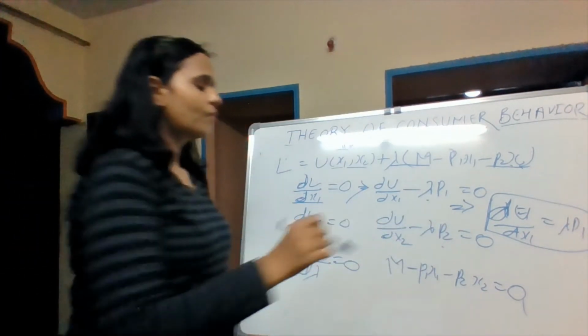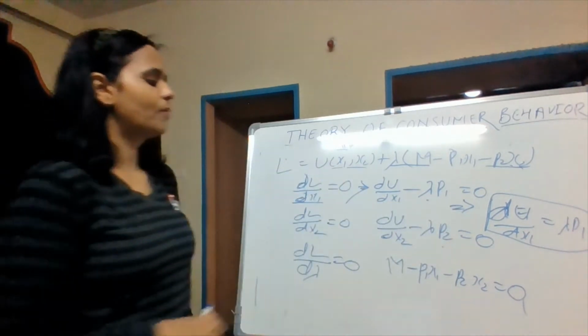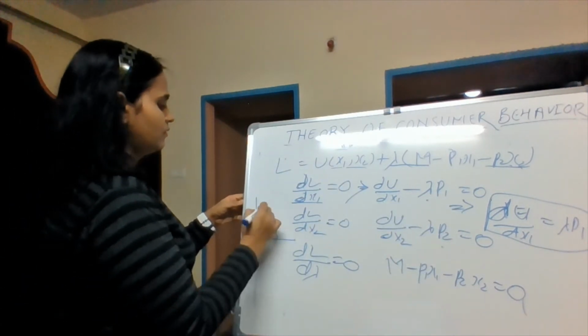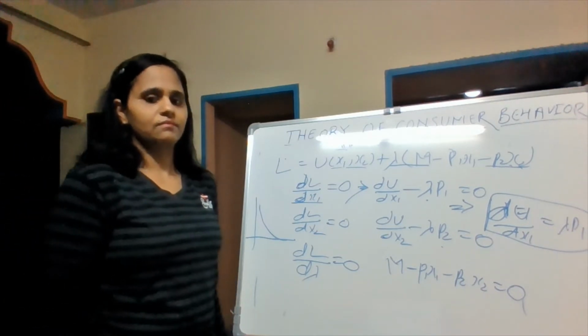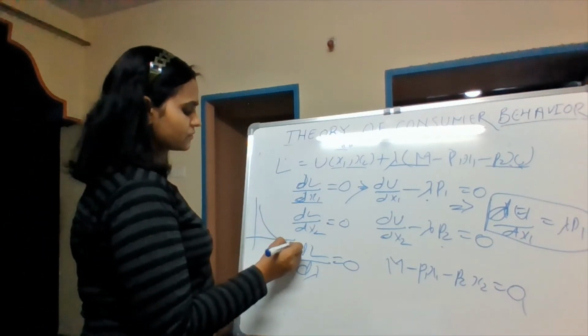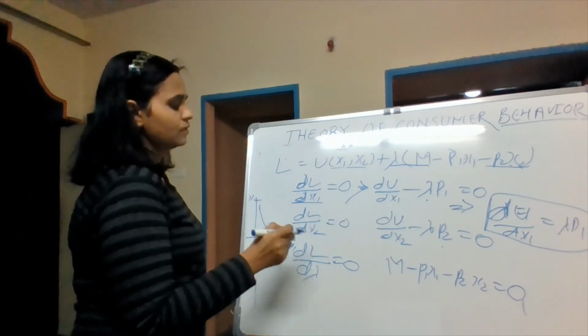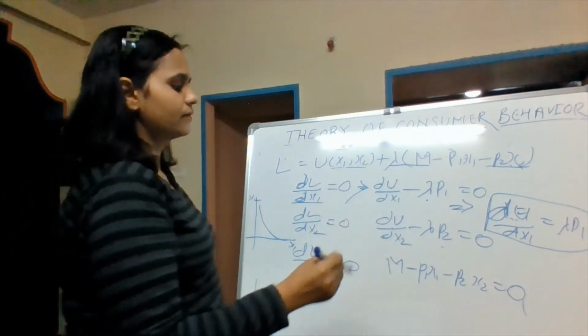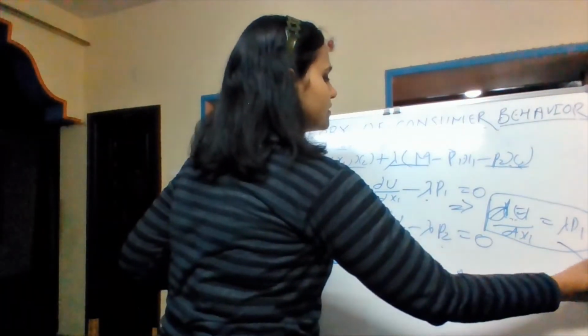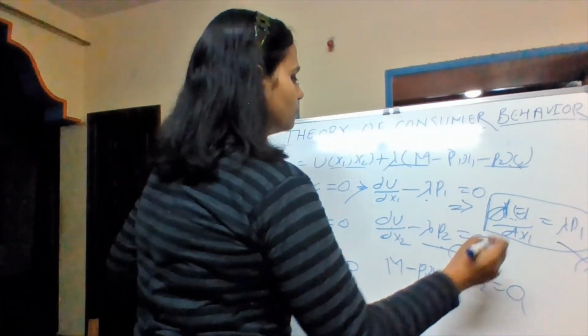And what are your du by dx1 and du by dx2? Aren't they the slope of this curve? This is your x1, this is your x2. So this is equation 1 and this is equation 2.